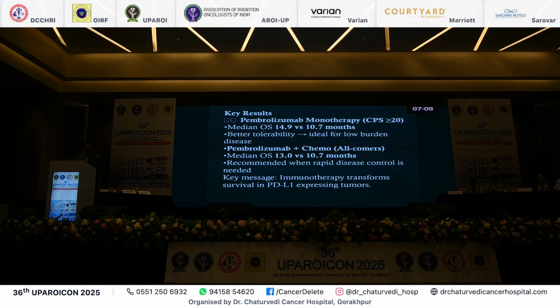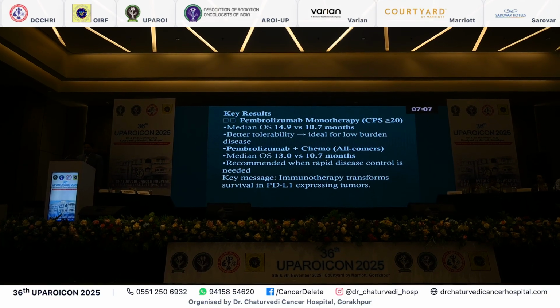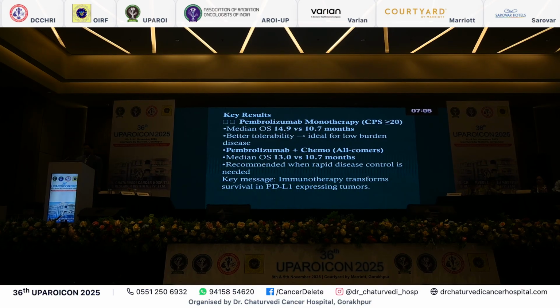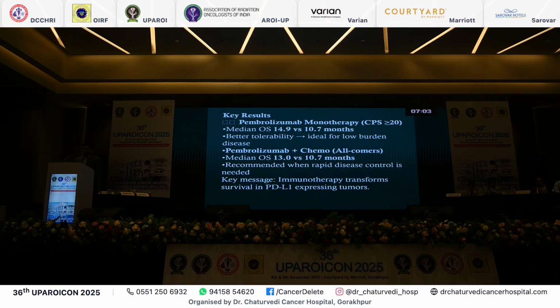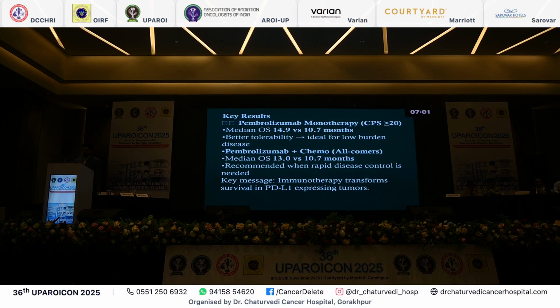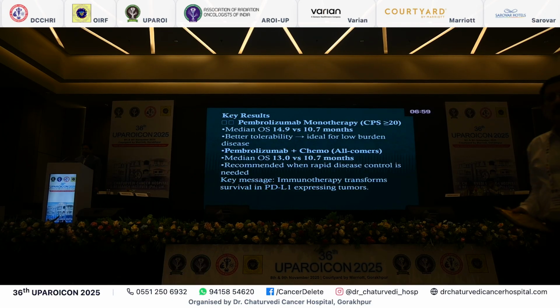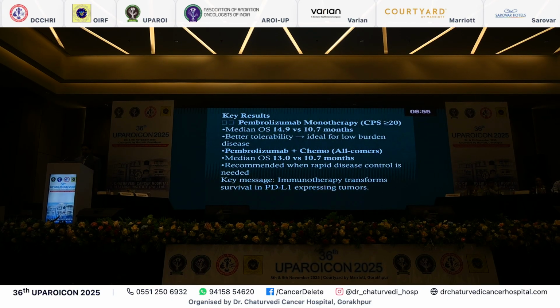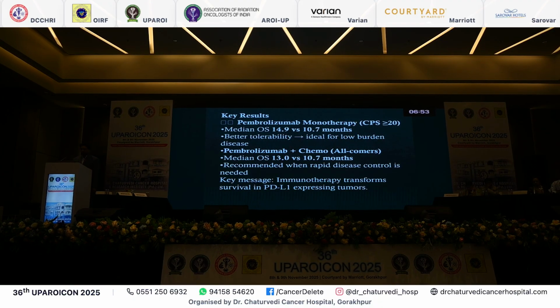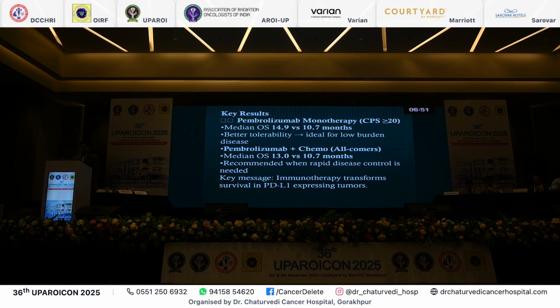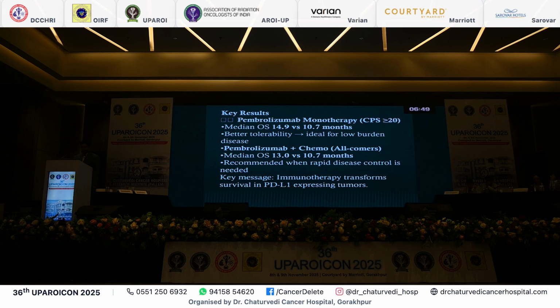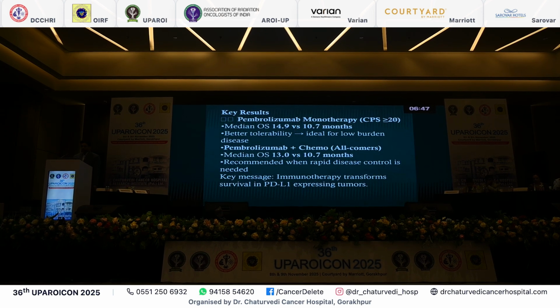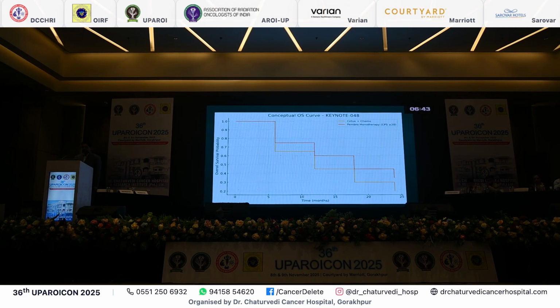So the key result was pembrolizumab monotherapy. Median overall survival improved from 10.7 months to 14.9 months, with better tolerability, and it is recommended when rapid disease control is needed, and immunotherapy transforms survival in PD-L1 expressing tumors. Here is the conceptual overall survival curve.